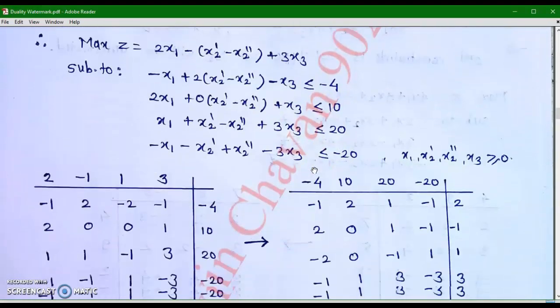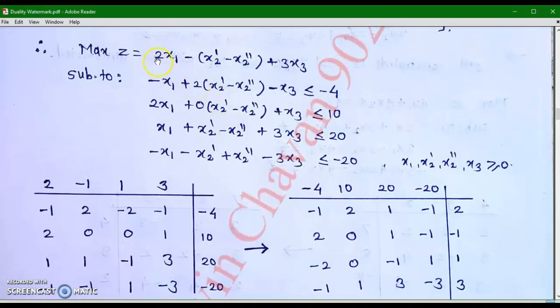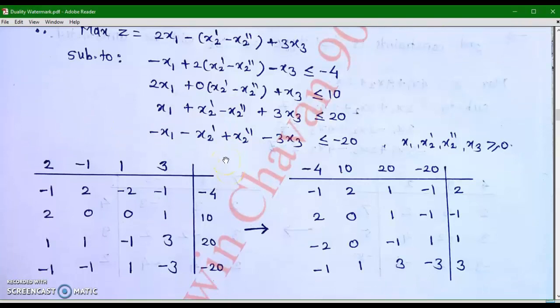So we write its matrix form. We have 2, minus 1, plus 1 and 3 as the top row, minus 4, 10, 20 and minus 20 as the rightmost column, and we have this coefficient matrix here, that is minus 1, 2, minus 2 and minus 1 as the first row and all other rows accordingly. Now we shuffle them.